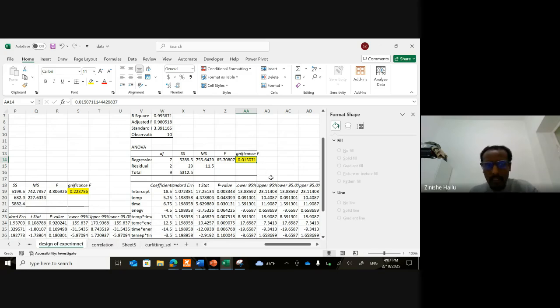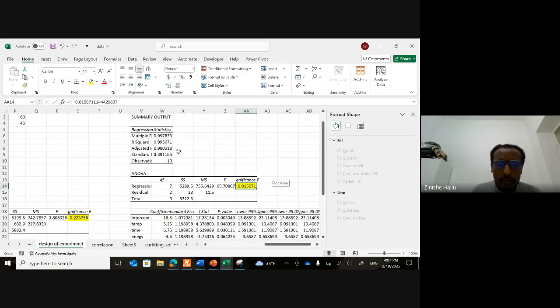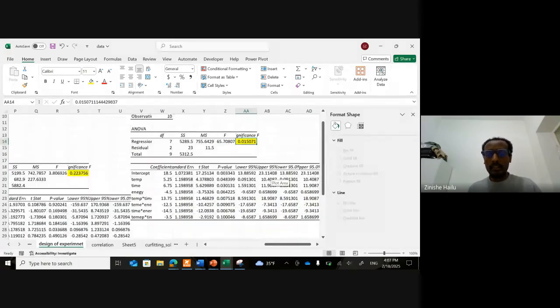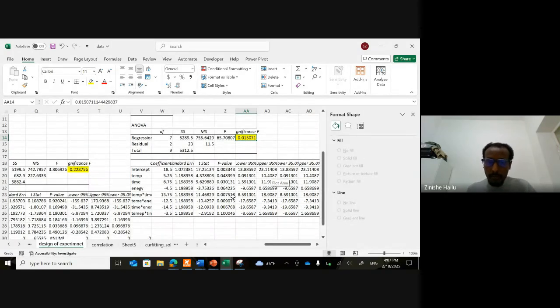So if it's significant, we have to see the adjusted R, which is 98. So 98% of the yield can be explained by the temperature, the time, and the power with their interaction. From this, we can see the coefficients of the variables that are very important to the model.